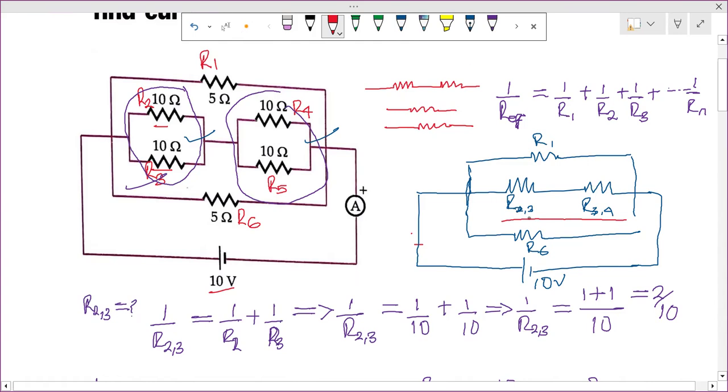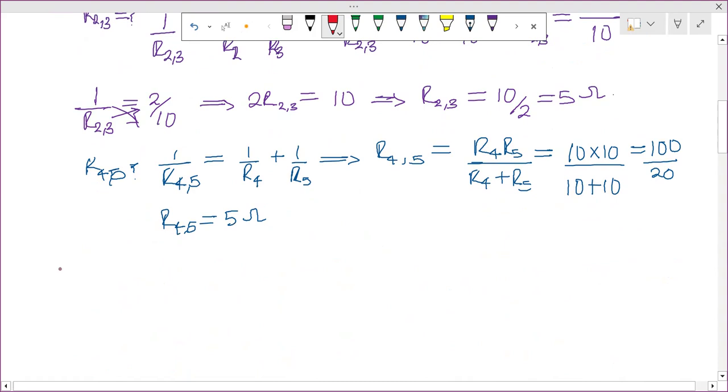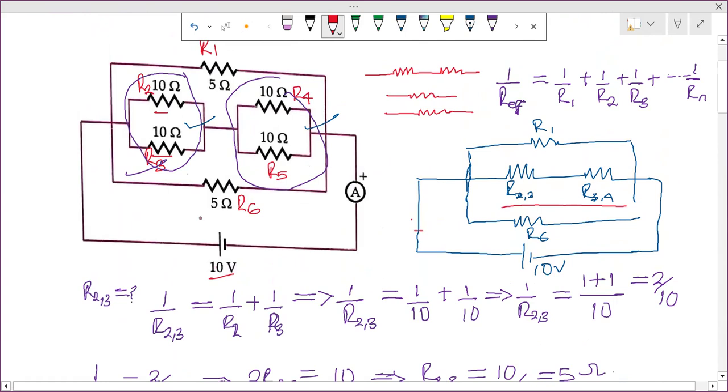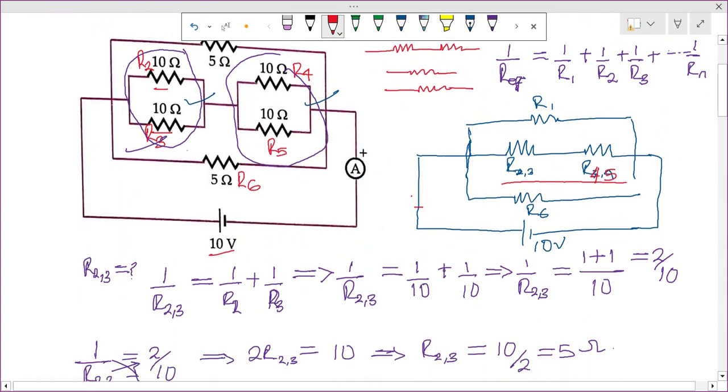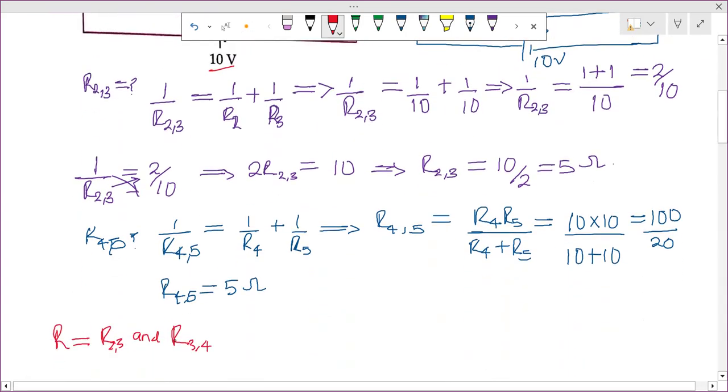In this case, let R be the effective resistance of R2,3 and R4,5.